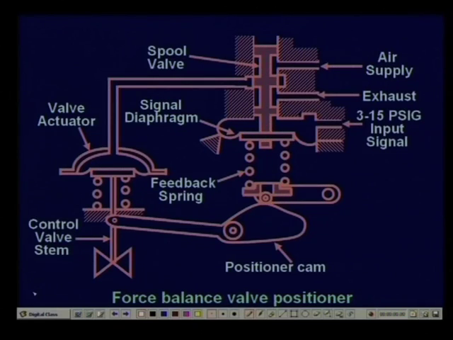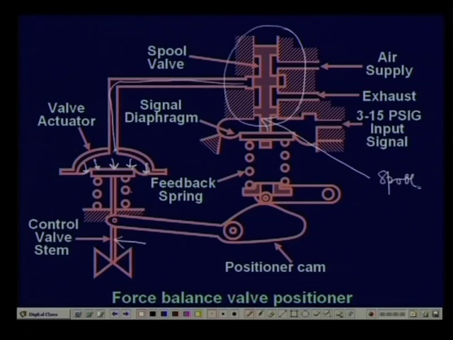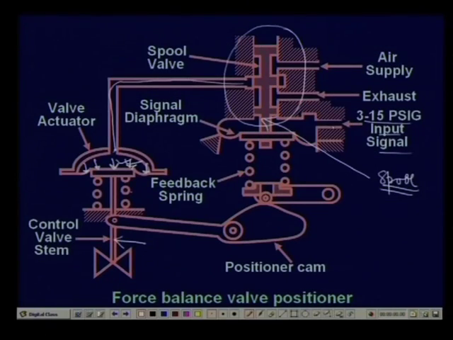You see that in this case this is the valve. This is the valve stem, again there is a spring, and this is the diaphragm on which the pressure is being applied. The air is coming from here, and it is through this valve that the pressure, the position of this spool, that the pressure here is being controlled. So, how is it being controlled? We are applying a 3 to 15 PSIG input signal, which is a low power input signal, being applied here in this chamber.